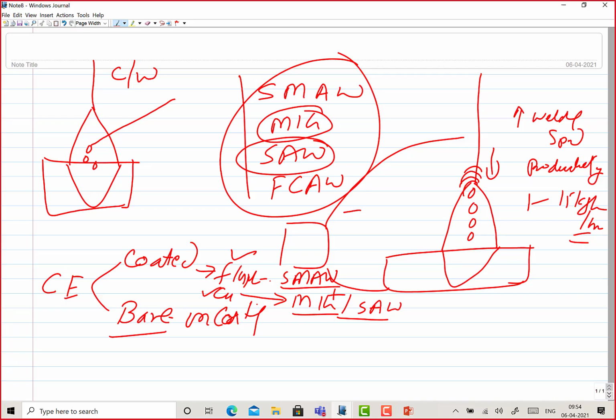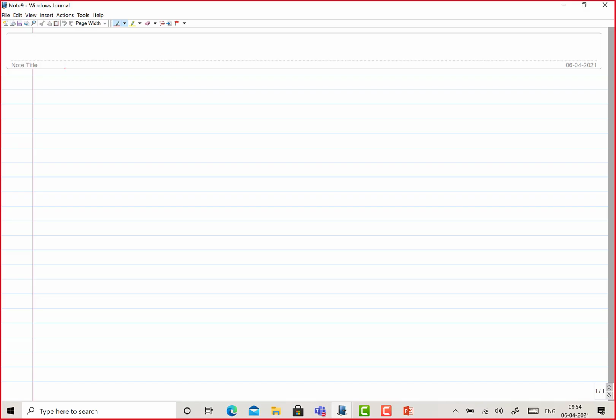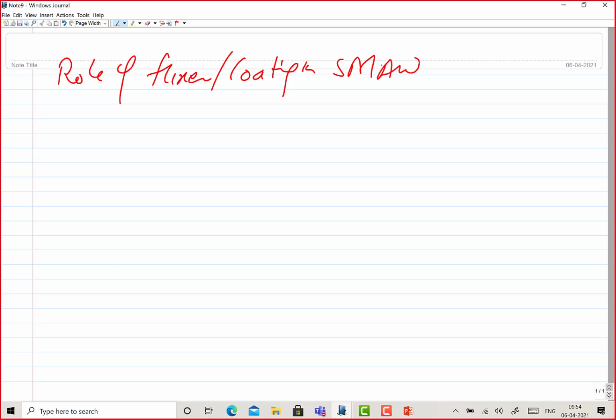Those purposes we will talk about in detail, like the role of fluxes or coatings in the SMAW electrode. So let us understand the electrode first.